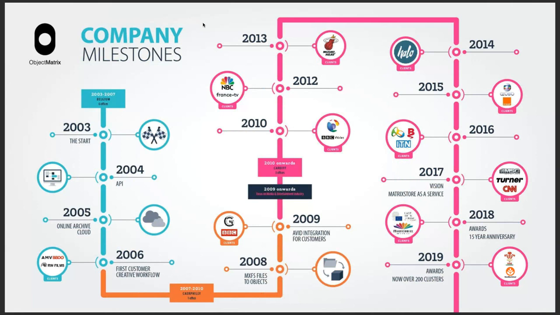And then from then, it's just been growth on growth, company on company, some of the biggest names out there, from post houses to sports companies, news companies, ad agencies, and even more recently, effects companies as well, After Effects, etc. So I think we can safely say there's not many companies out there who've got the history in the media industry that we do.